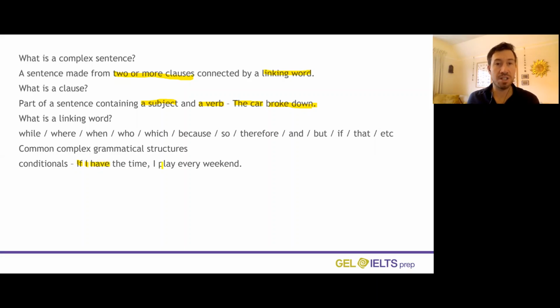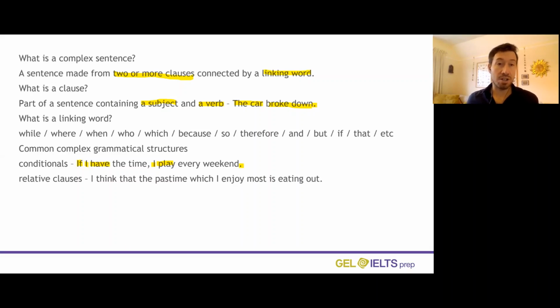So that's one clause. And here we've got I play. That's another clause. So there's two clauses in this sentence, and they're connected by the word if. If is connecting them together. So this is a complex sentence. Two clauses connected by one linking word. So conditionals are a good example of that.